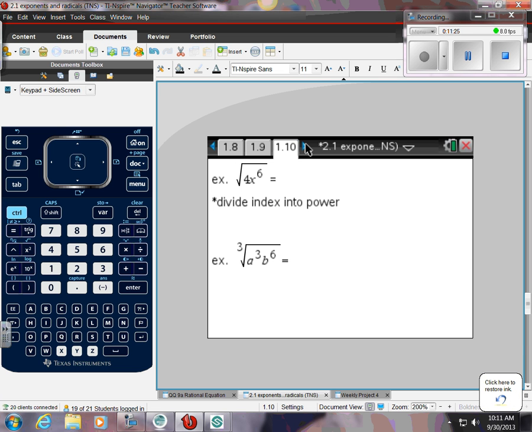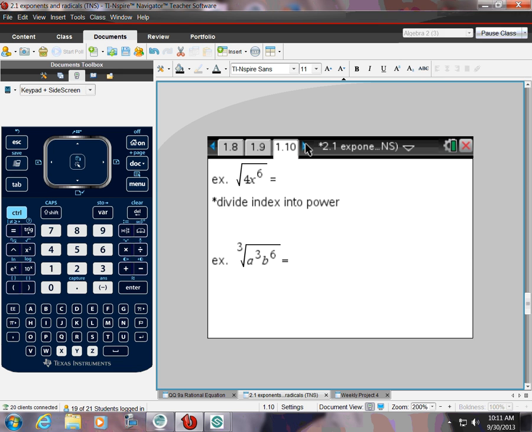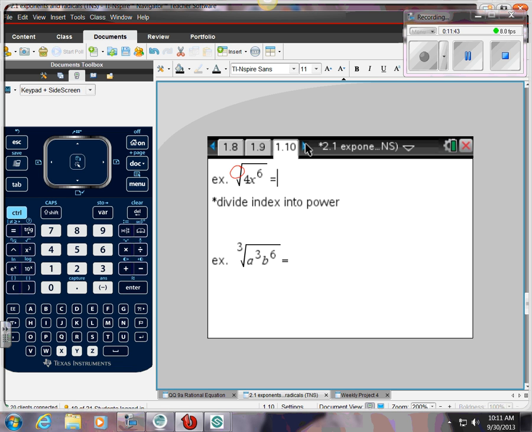All right, so let's take a look at this. Now, when we get into variables with exponents, we have to make sure that we are aware of what our index is. Our index is what's going to allow us to reduce those variables and their exponents, okay? So what is my index if nothing is written? Let's think first.